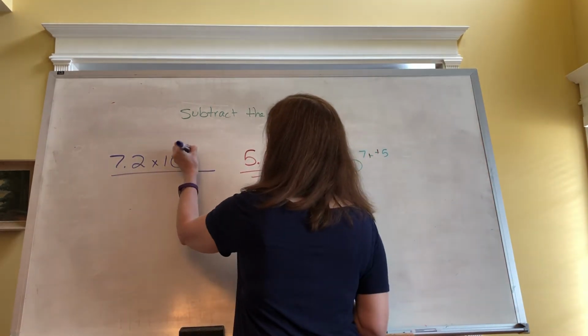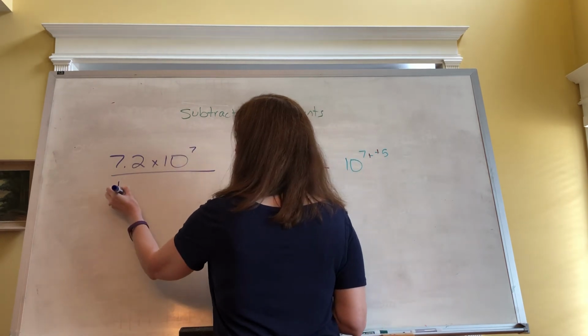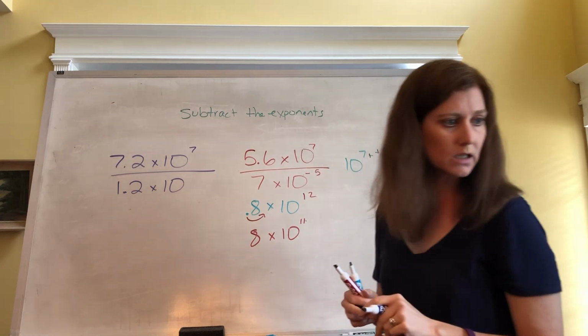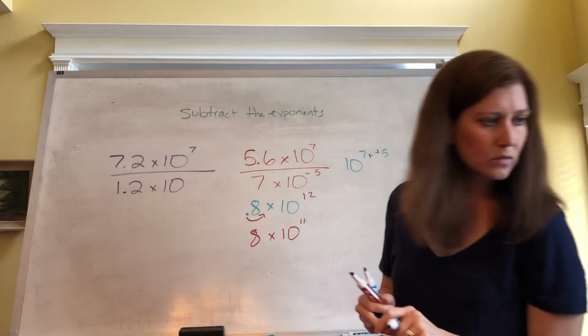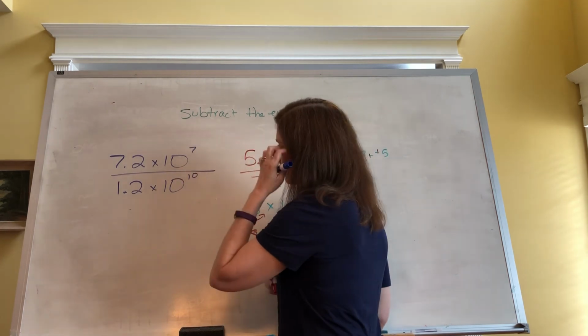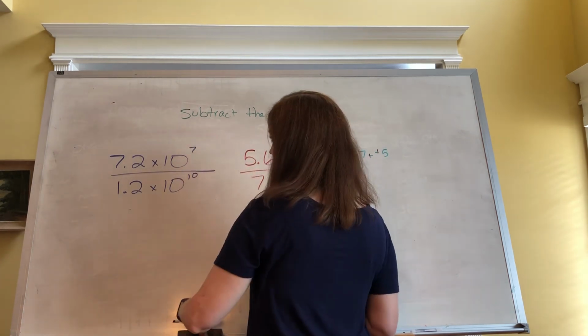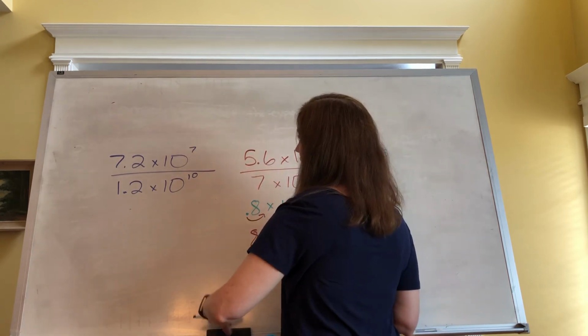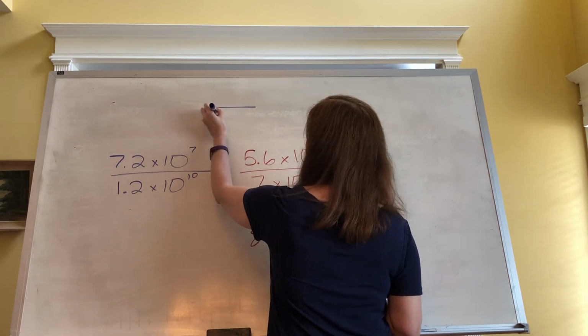All right, 7.2 times 10 to the 7th divided by 1.2 times 10 to the 10th. Okay, so 7.2 divided by 1.2, we need to look at that.